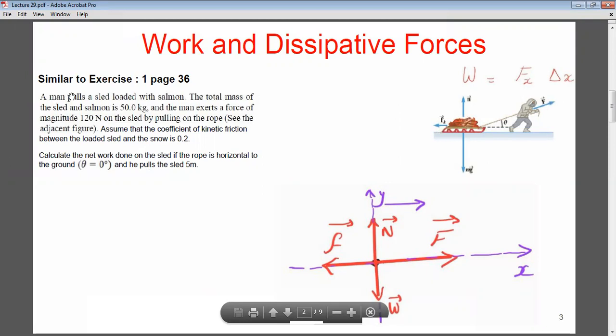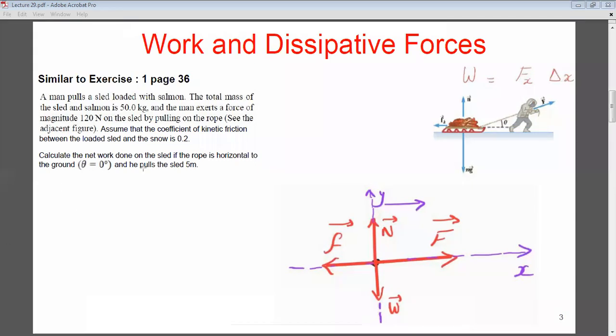Okay, so a man pulls a sled loaded with salmon. The total mass of the sled and salmon is 50 kilograms. And the man exerts a force of magnitude 120 Newton on the sled by pulling on the rope. See the adjacent figure. Assume that the coefficient of kinetic friction between the loaded sled and the snow is 0.2.